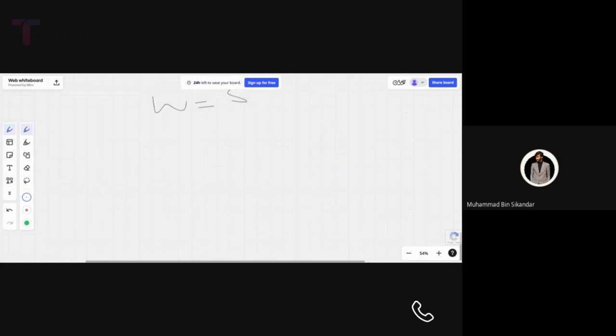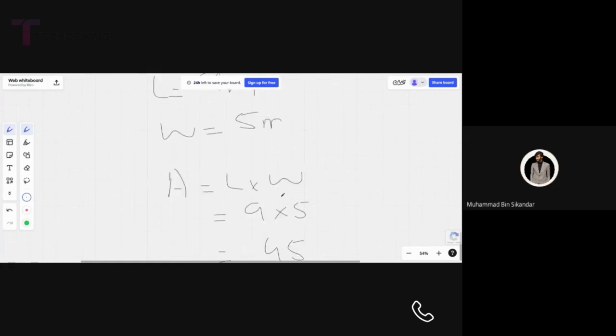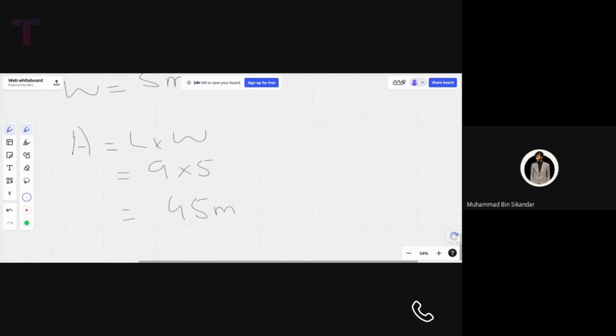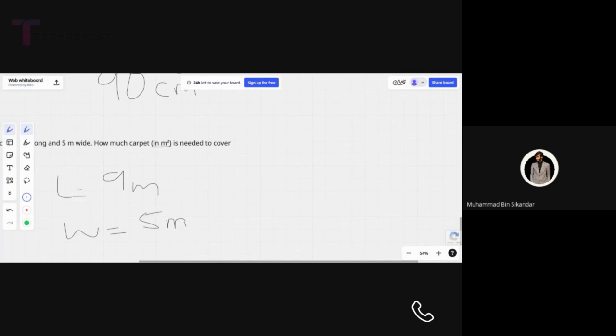I only get this unit when I want to find area. So area will be length multiplied by width, which is 9 multiplied by 5. 9 fives are 45. That's good. And what will be the unit? Meter square. That's good. You need to be very cautious about the units because if the units are not what they should be, as mentioned in the question, then your question will be entirely wrong in the paper.